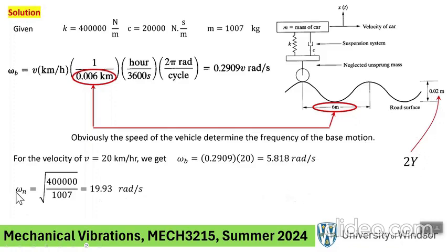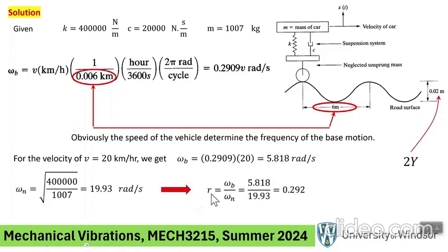In order to find big X, remember big X depends on big Y, damping ratio zeta, and frequency ratio omega_b over omega_n. So I need omega_n. This is the square root of K over m, the stiffness of the spring over the mass of the car, which is 19.93 rad per second.